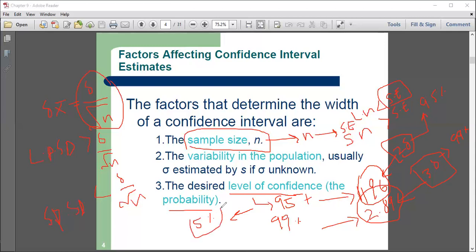This 5% is called the level of significance, which is denoted by alpha.